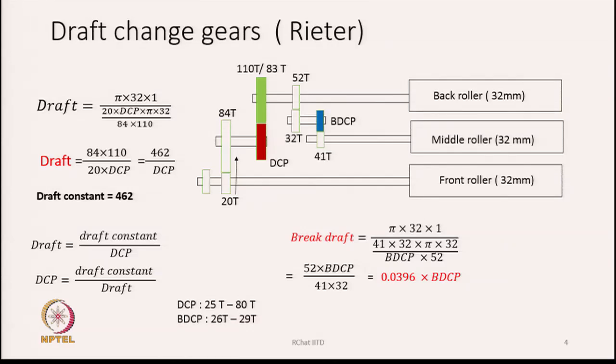and for 1 revolution of the front roller, if we find out the corresponding revolution of the back roller, and multiply it by the circumference of the roller, we will also find how much is going to be the feed by the back rollers, and that is what exactly has been done here. Draft has been shown to be pi into 32 into 1, where 32 is the diameter of the front roller, and revolution has been chosen to be 1.